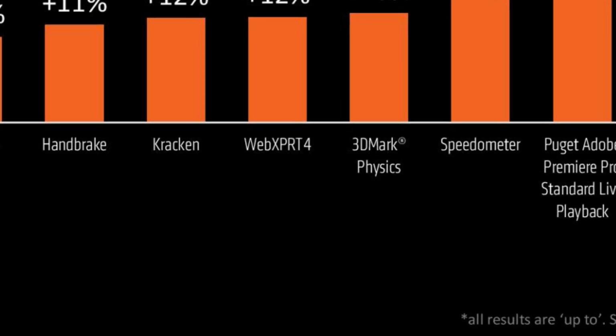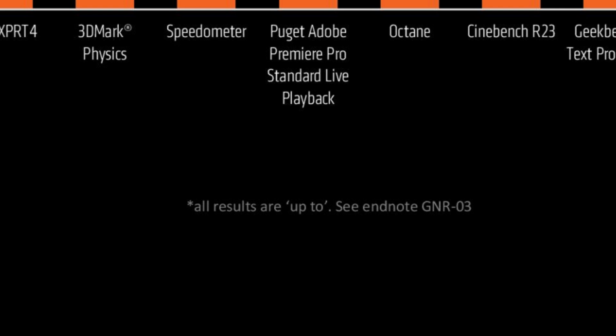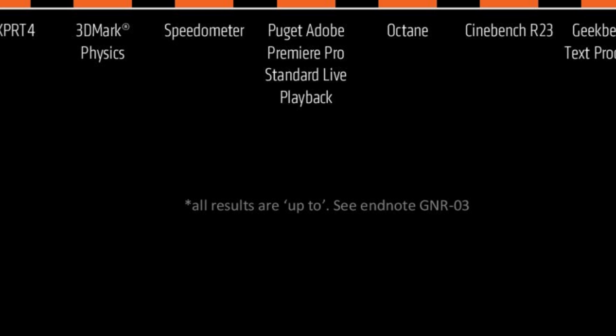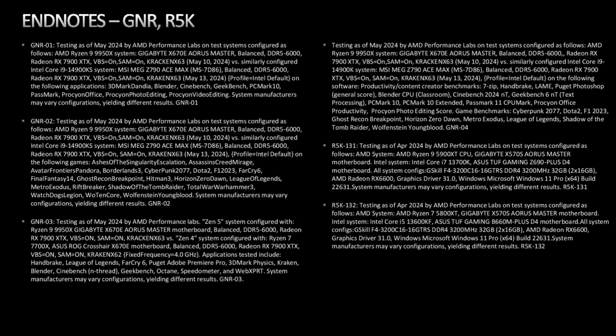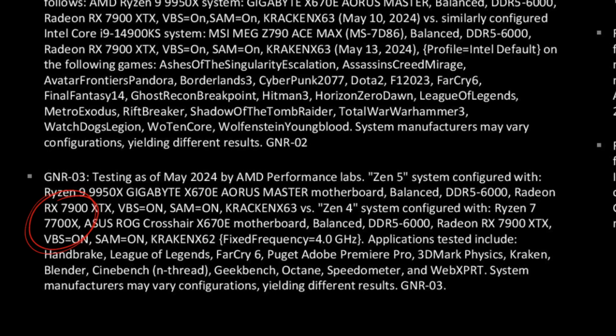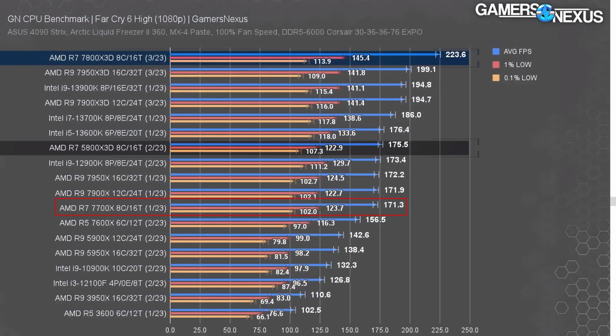Now, if we take a look at the footnote, it actually says all results are up to Keynote GNR03. If we take a look at GNR03, it says they're testing the 9950X up against the 7700X. So here's where it gets a little messy, because we do have to take the 7700X results from Gamers Nexus, divide that by the 7800X3D results, and this is in Far Cry 6 with the RTX 4090.